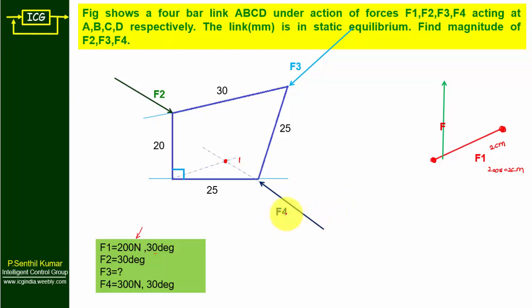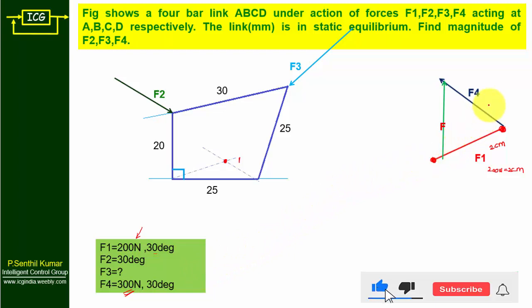Next, I'm going to move F4 because the magnitude of F4 is known. F4 equal to 300 Newton. Take 300 Newton as 3 centimeter. You can take any value. This is only for your representation. Now connect this line.